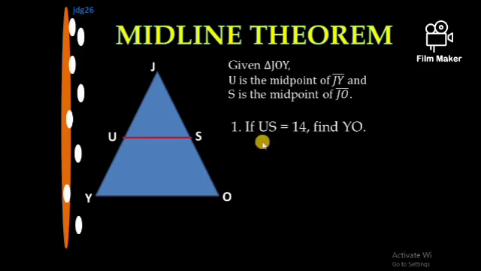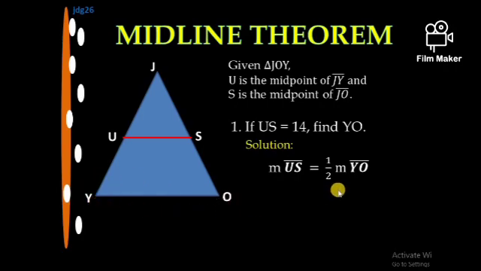I-apply natin ang midline theorem. Number 1, if the midline US is equal to 14, find the measure of YO. Ang solution, tulad ng sinabi natin kanina, ang midline ay kalahati ng measure ng third side, which is YO.